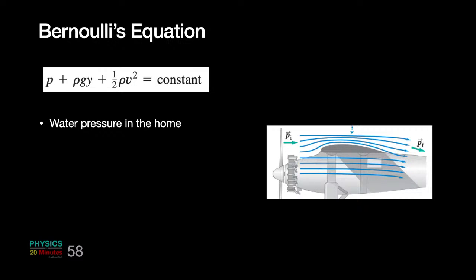If you are staying at a ground floor, then the water pressure will be high. The question is why? The answer is that you are living at two different heights from the ground level. If you look at Bernoulli's equation once again, forget the v square term for now. If height increases, pressure decreases.